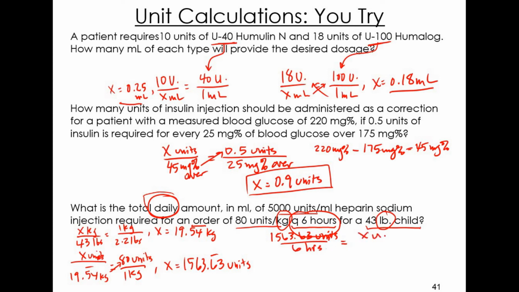So, how many units for 24 hours? And that should be 6,254.54 forever units.